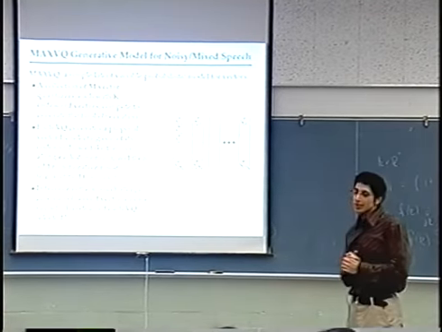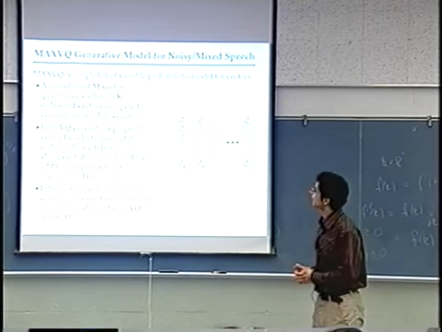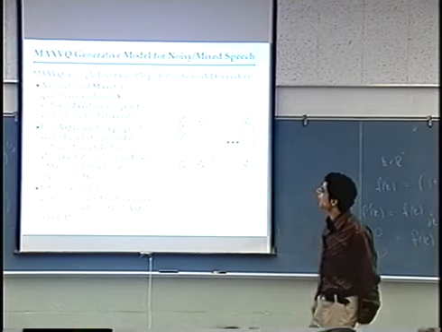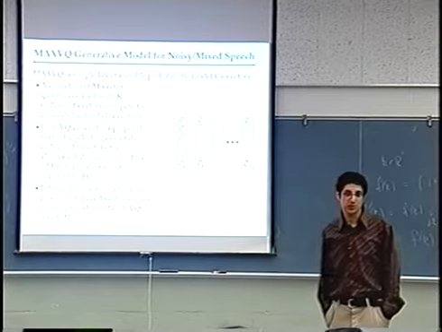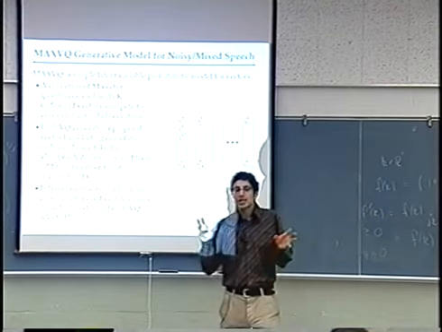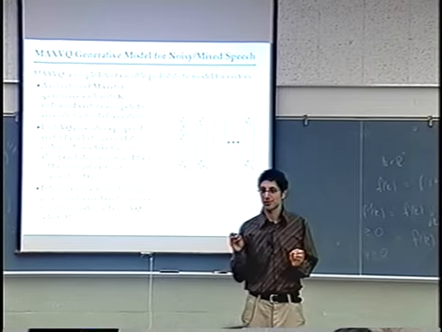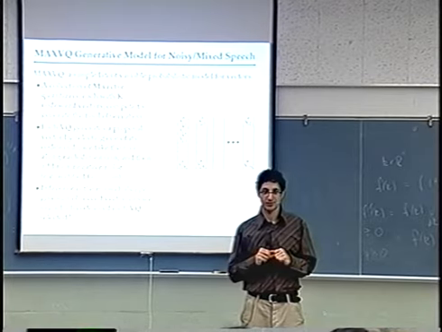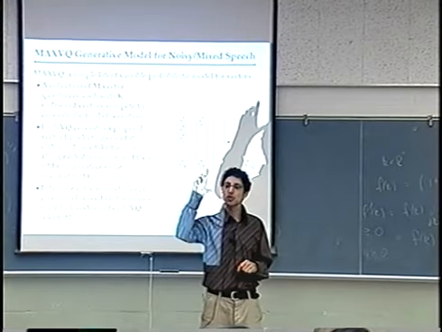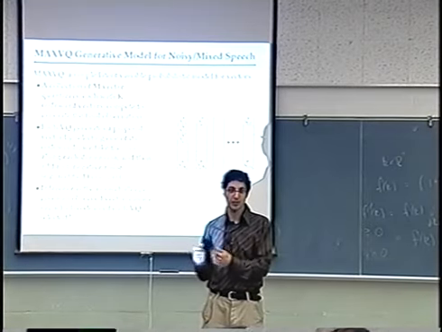OK, so here is the simple generative model that I promised you at the beginning of the talk. It's called MaxVQ, which stands for max vector quantization. So we're going to imagine a ludicrously simple model of spectrograms of audio mixtures. Here's the model. Each source has a vector quantizer, just a set of puzzle pieces, codebook vectors.